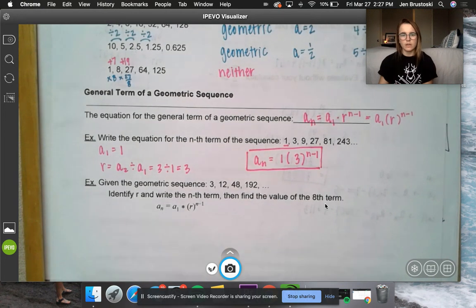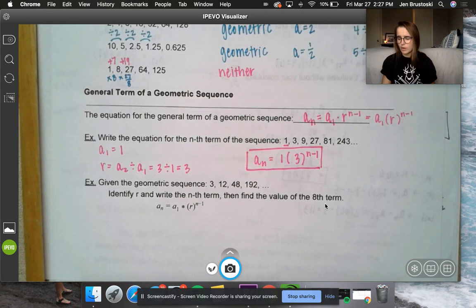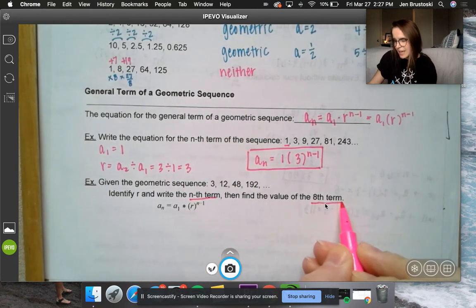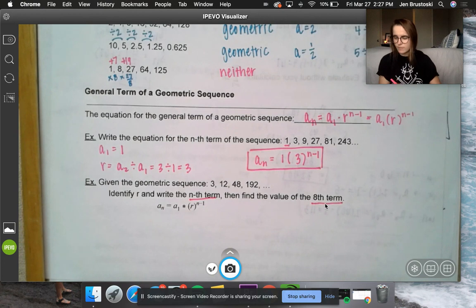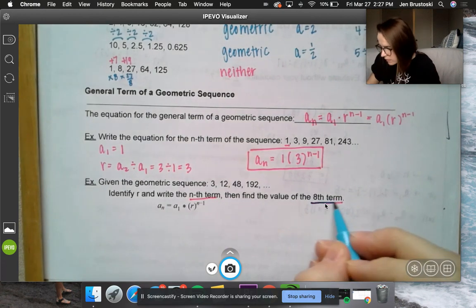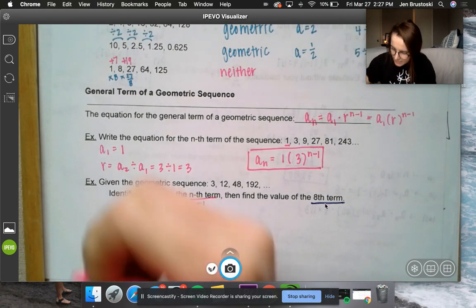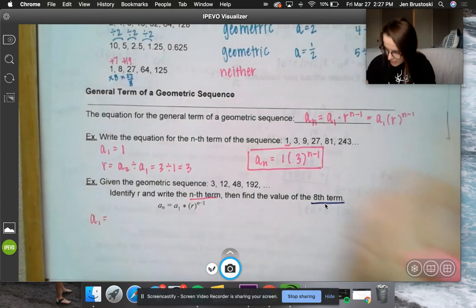All right, so the second one here, I would definitely pause here, see if you can do this one on your own. The only difference is it says find the nth term, but it also says find the 8th term. So it's a two-part problem. I'm going to have a different color for the second part of it. All right, I need my a sub 1. It's going to be 3.